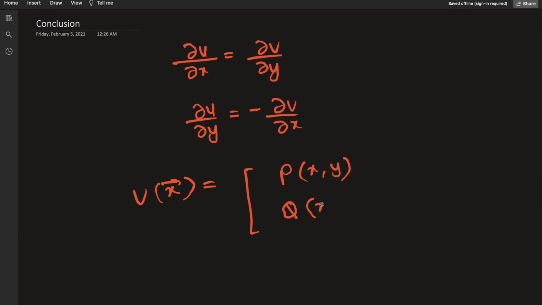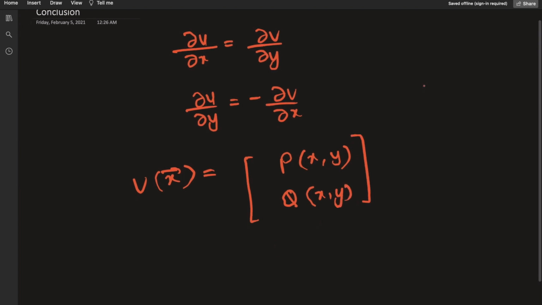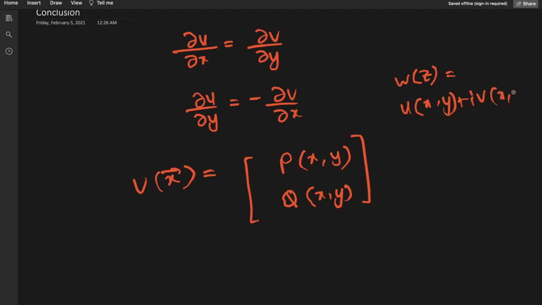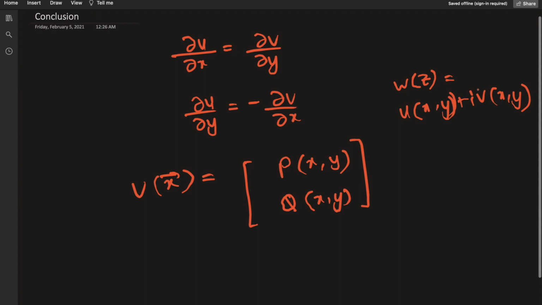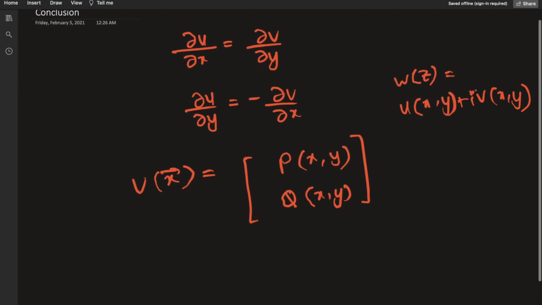Second component would be another simpler function of x and y. Sort of similar to what we had with the w, a simpler function like u plus i times another function v. I mean, this i tells us that it's another dimension, it's a fresh component.